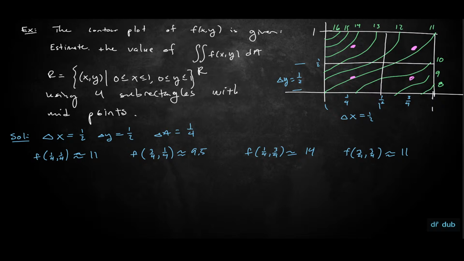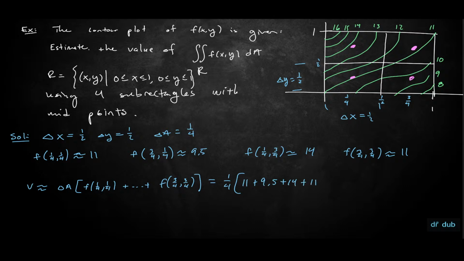So here, the volume would be approximately delta A times f of (1/4, 1/4) plus dot dot dot f of (3/4, 3/4), which would be 1/4 times approximately 11 plus 9.5 plus 14 plus 11.